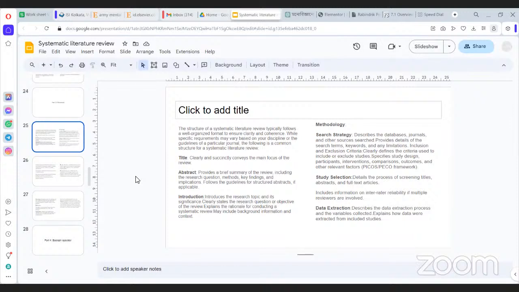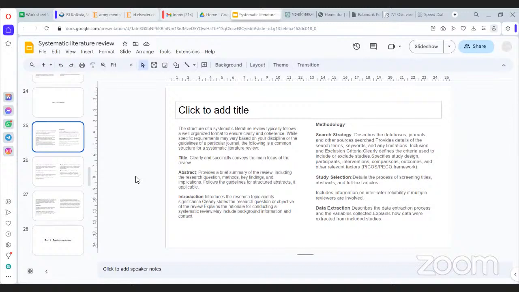When you write the title of your manuscript, please mention that it is based upon the systematic review of literature. Why? Because systematic review of literature is different from other reviews.